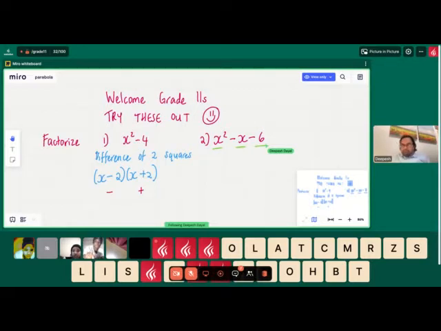So those of you who have tried to factorize this, what answers did you get for the factorization of this expression? In the chat.